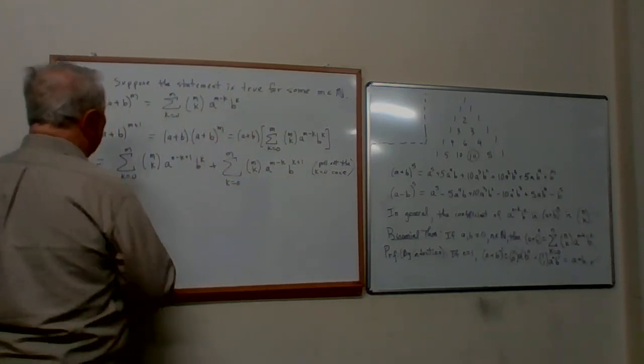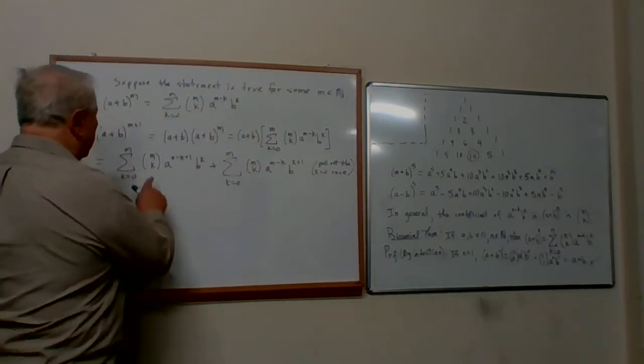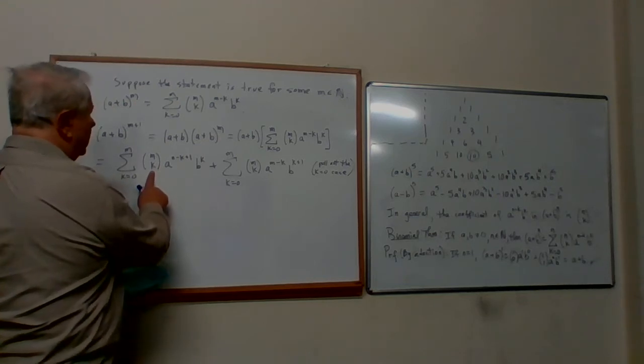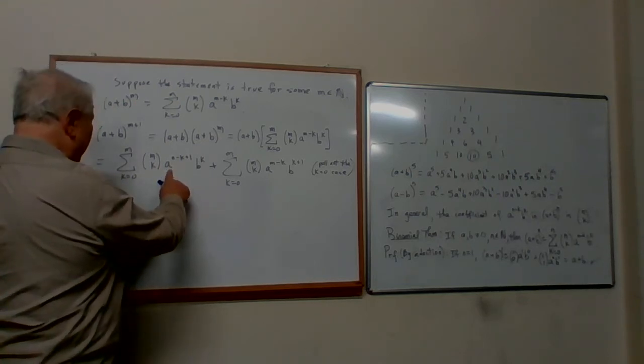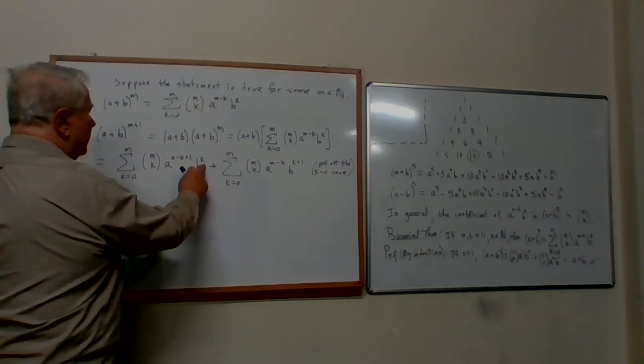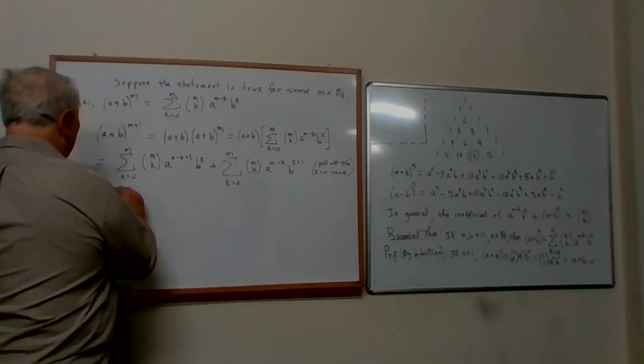Well, when k is equal to 0, what is this? This coefficient is 1. This is a to the m plus 1, b to the 0, so this is just a to the m plus 1.